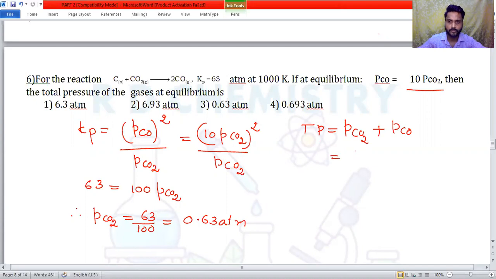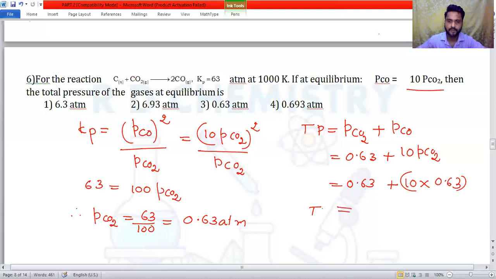So it is equal to carbon dioxide pressure 0.63 atmosphere plus that of the carbon monoxide, 10 times the partial pressure of the carbon dioxide. It is equal to 0.63 plus 10 into 0.63. So finally, the total pressure is equal to 6.93. That is option number 2. Okay, option number 2 is the answer here.